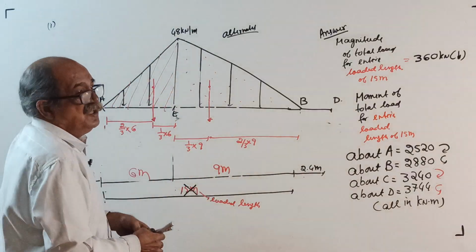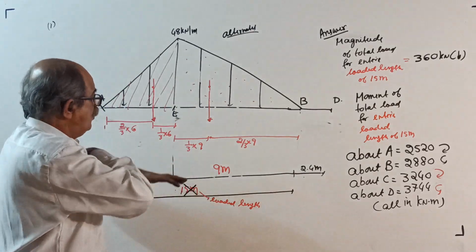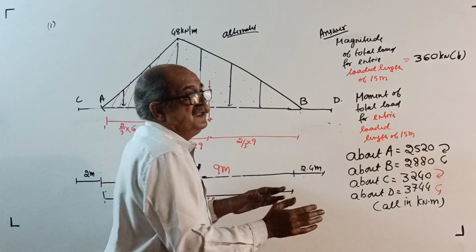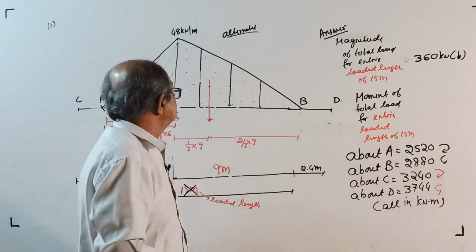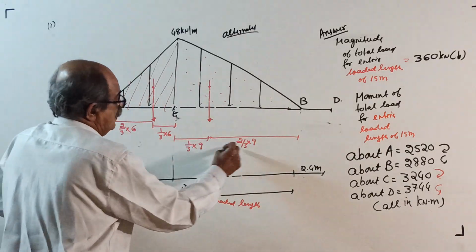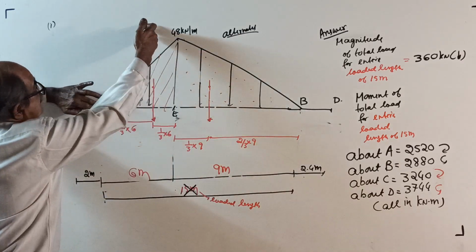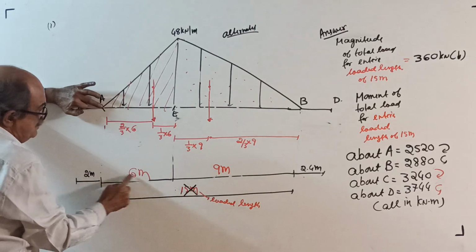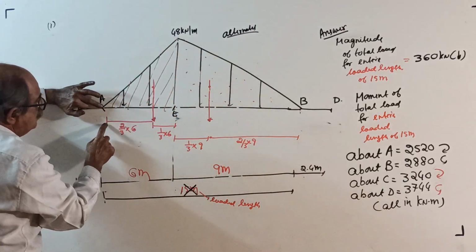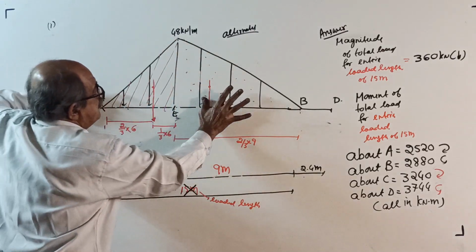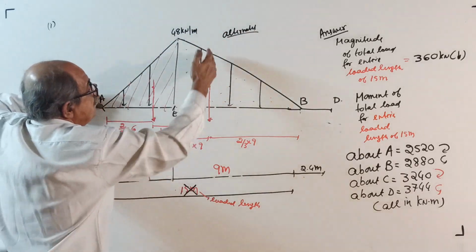Now, start. When you take the moment of the total load for 15 meter length, we are splitting into two parts, one for 6 meter, one for 9. This load, half into 6 into 48 into 2/3 of 6, plus, no plus minus, both plus.